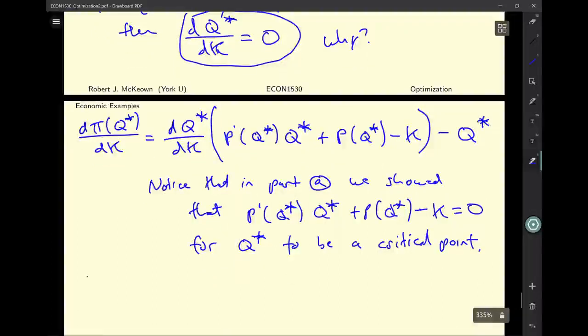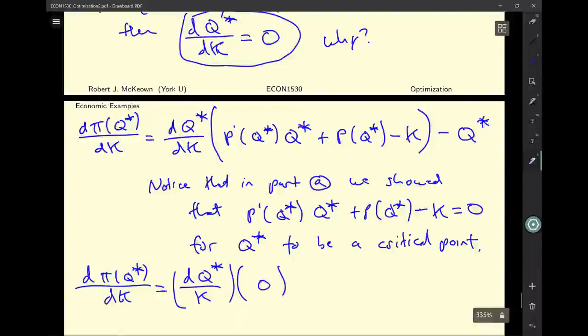And that means if I rewrite this, we're going to get essentially the change in Q star with respect to K multiplied by 0 minus Q star.